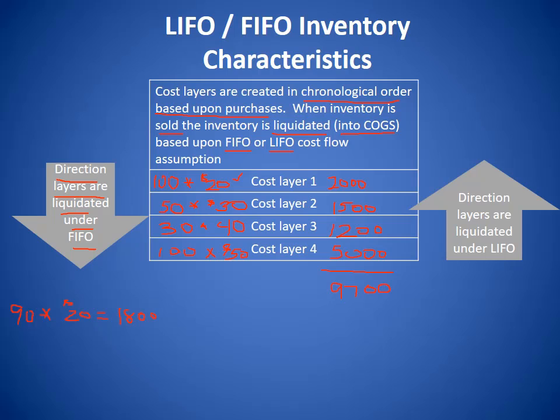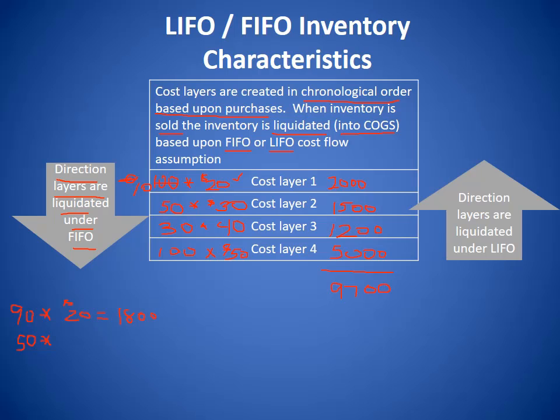So again, we have our 50 units. But now the question becomes, how do we calculate this? Well, we know we originally had 100 units in our cost layer, but we sold 90 of those units. So we still have remaining in our cost layer 10 units at $20 per unit.